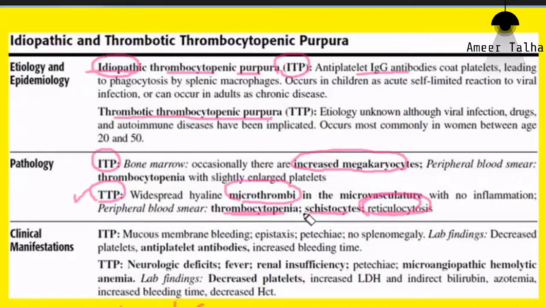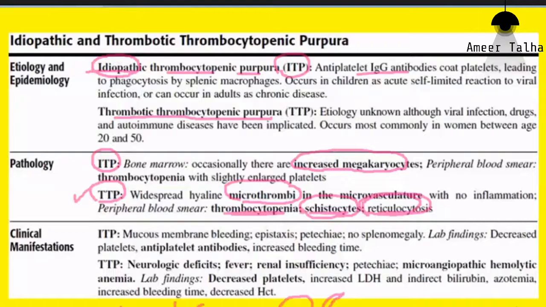And the other term that we have mentioned is schistocytosis. This is the fragmented form of the RBC. Suppose the normal RBC is a biconcave disc shape, like this. When the RBC is fragmented, it forms an elliptical shape like this.